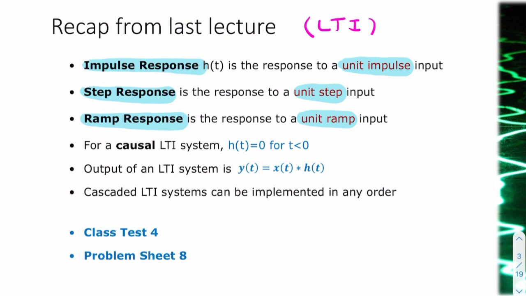We also revisited the idea of a causal system, and we said a causal system, because it cannot anticipate an input, means the output cannot precede the input. It cannot come before the input. So that means the impulse response cannot have a non-zero value before t equals 0.